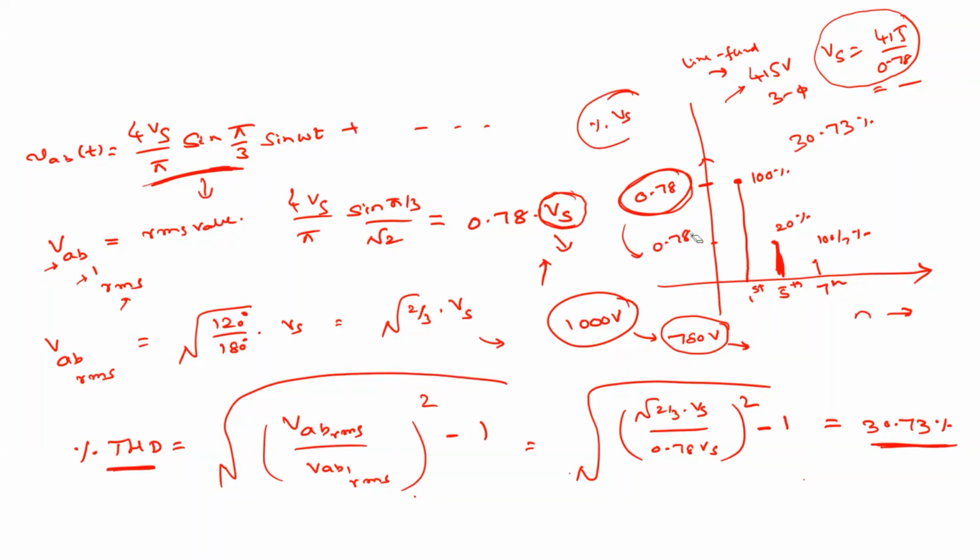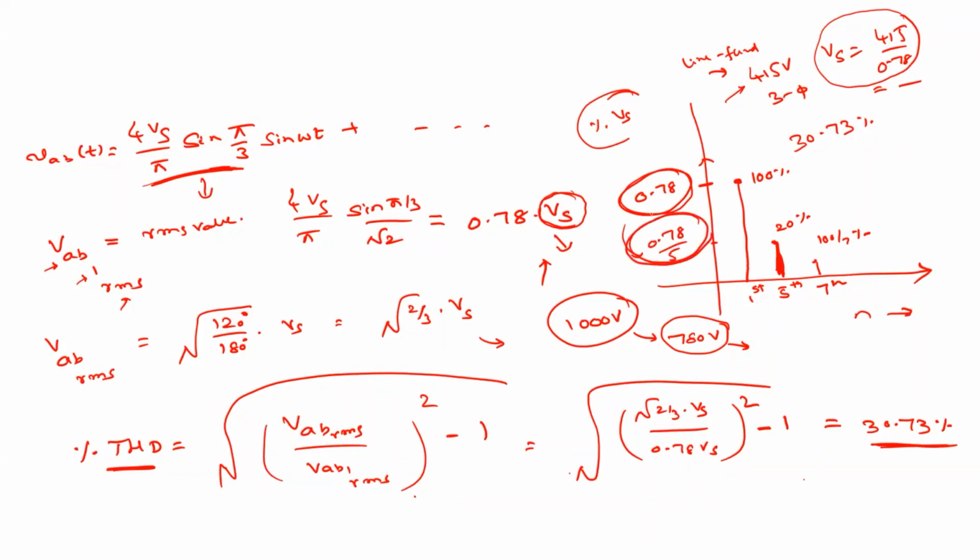This is 0.78 by 5, in other words 0.78 into 0.2.